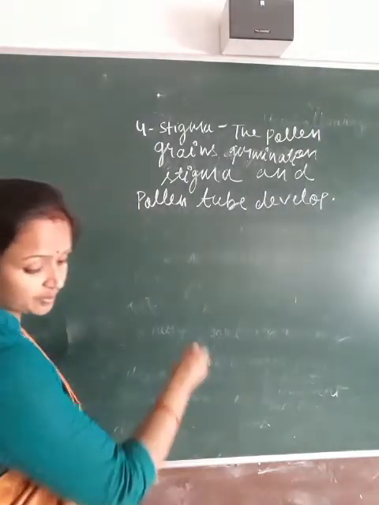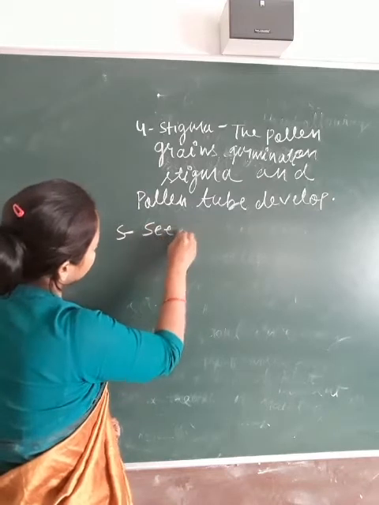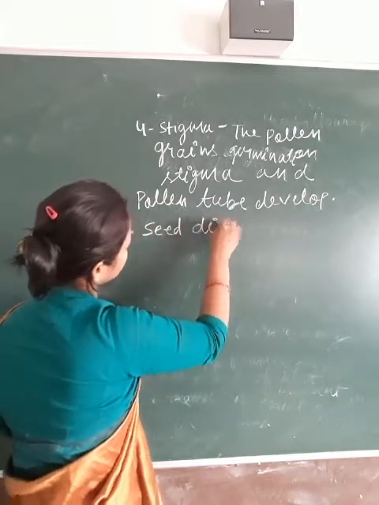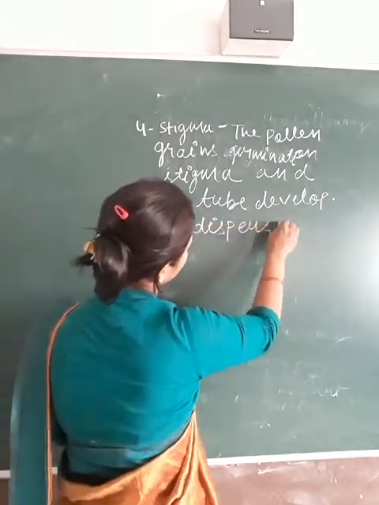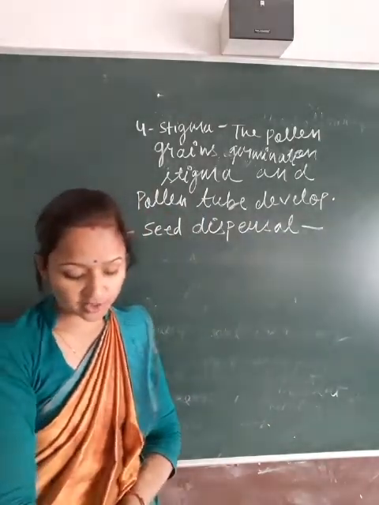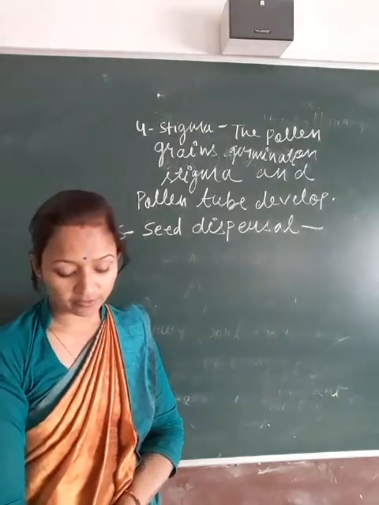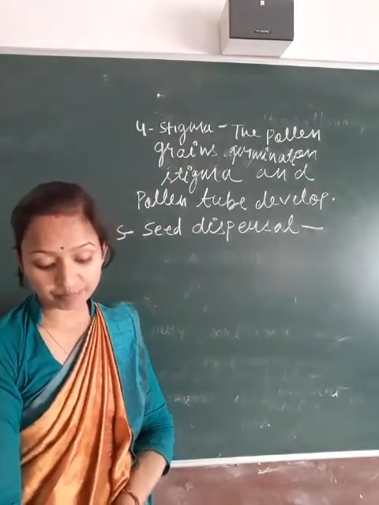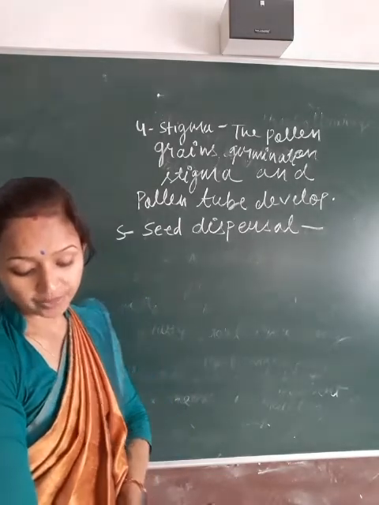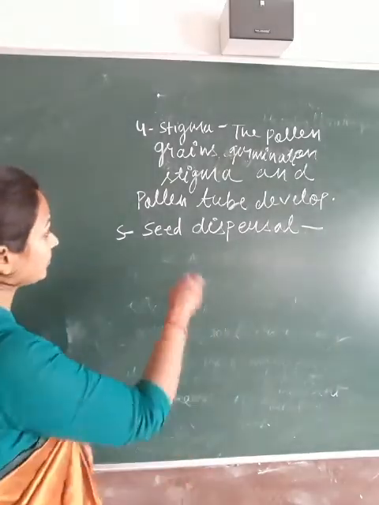Fifth one is seed dispersal. Seed dispersal helps plants to prevent overcrowding.